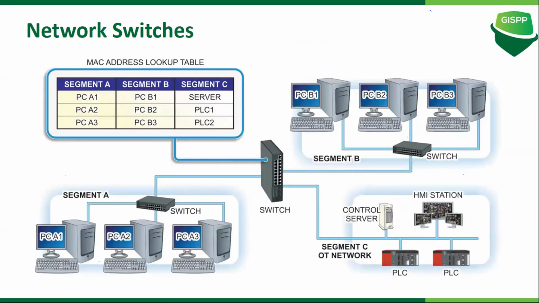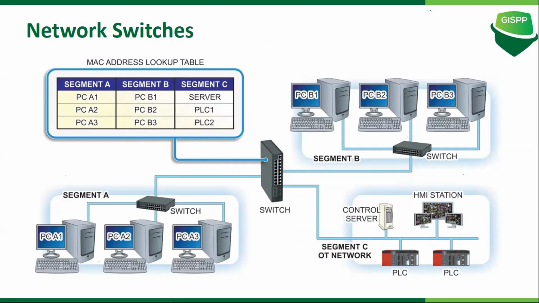Similarly, network switches, we can introduce these network switches. We can do the segmentation, segment A, segment B. The proxy that we discussed before, the things can be more managed at the switch level. We can segment that, okay, segment B can go to this control server only, and segment A can go to PLC devices only.